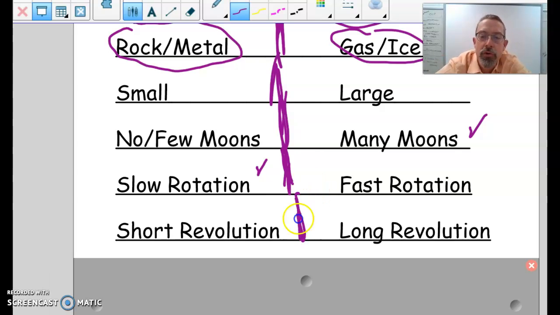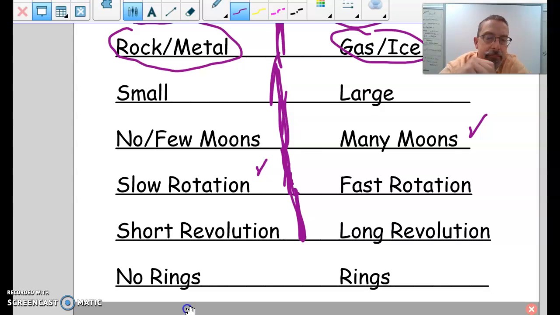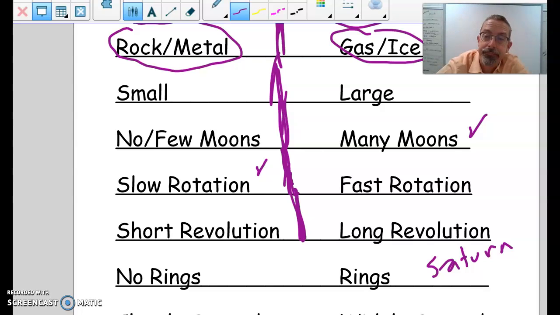The inner planets have a short revolution time. Their time to go around the sun is relatively short, whereas the outer planets can be over a century, depending upon how long it takes to go around the sun. Very long revolution time. The inner planets have no rings about them, and the outer planets do. Saturn is the main one that has rings, Uranus has pretty visible rings as well, and Jupiter and Neptune have fainter rings, but they have rings nevertheless.